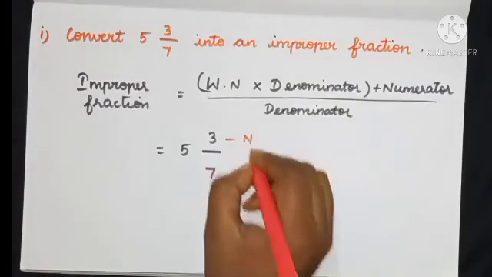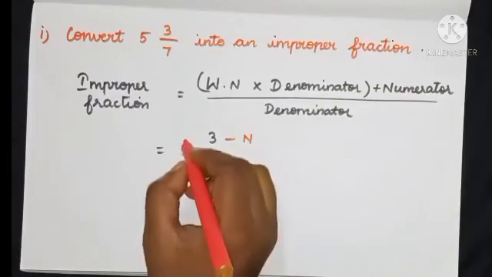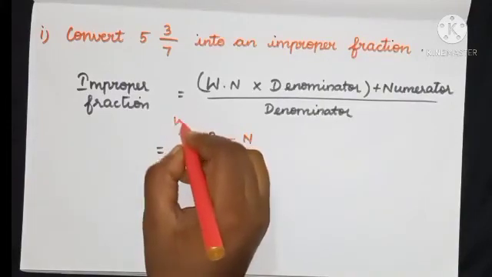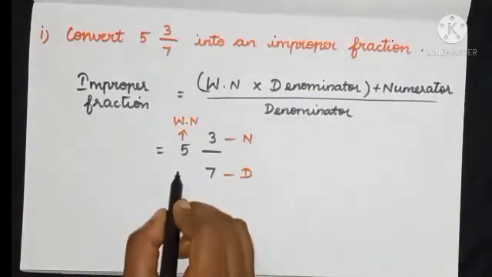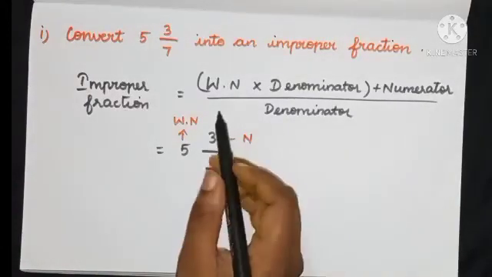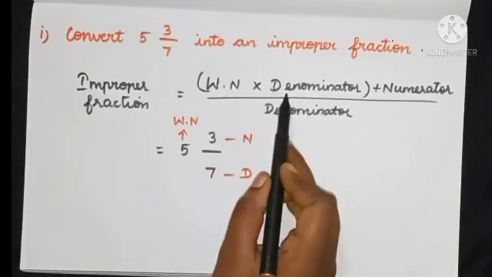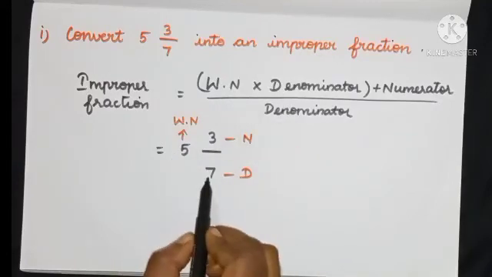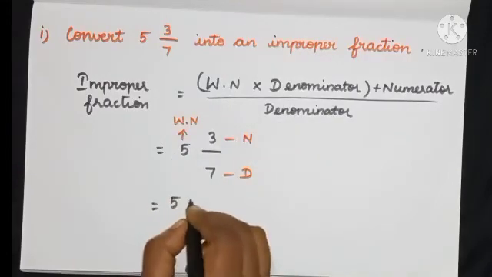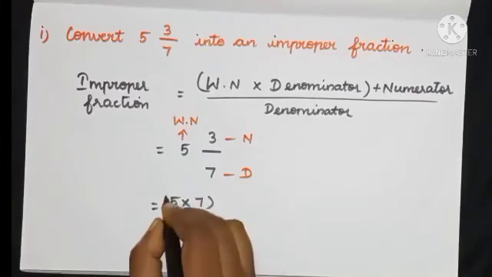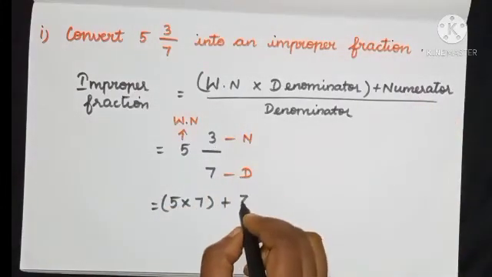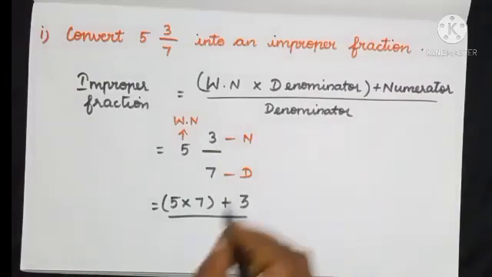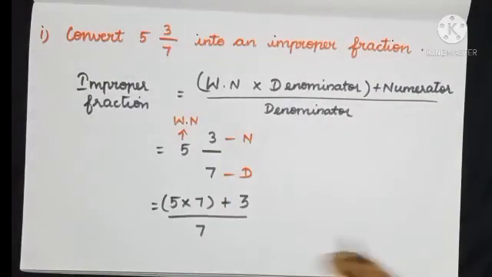To convert the 5 3 by 7 mixed fraction into improper, you have to multiply the whole number with the denominator, that is 5 into 7. 5 into 7 plus numerator, here the numerator value is 3, divided by denominator value, you have to write in the denominator place, 7.